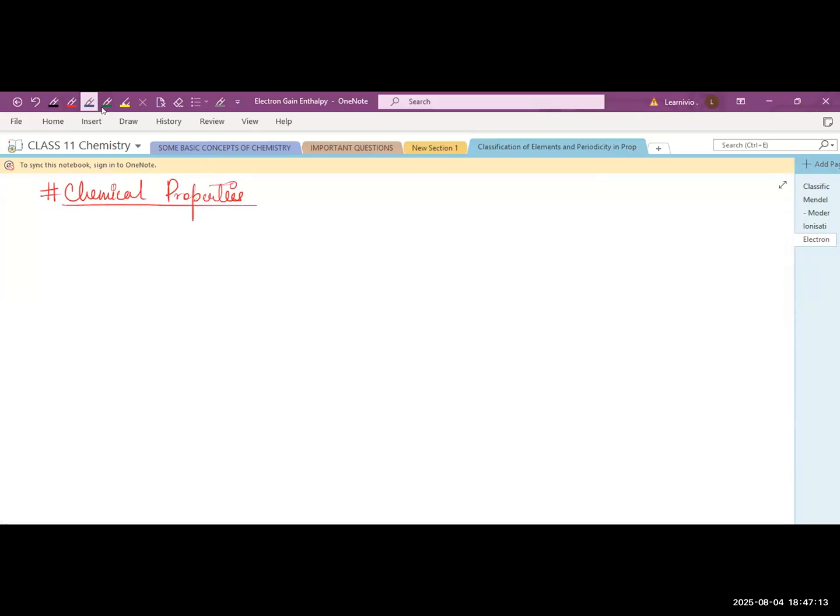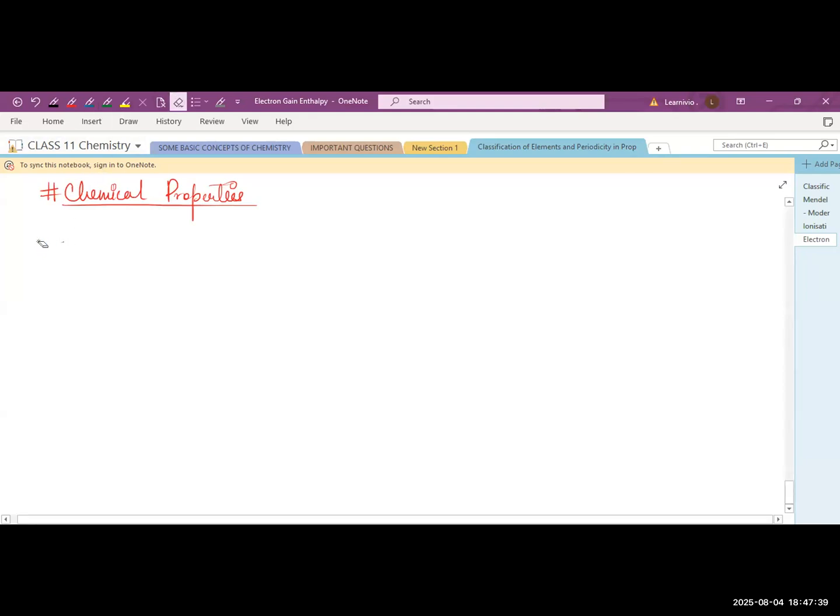So in chemical properties, we will discuss first how to write down the formula of the following pair. If the elements are given and they ask you to predict the formula of the following pair of elements, how can we predict the formula? Okay, so write down the first.